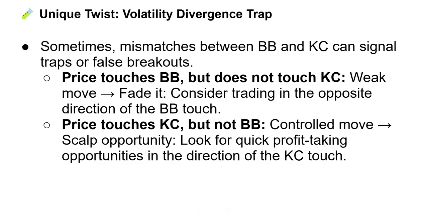It is nothing like the price moving from the upper Bollinger Band to the lower Bollinger Band. Probably you might have learned about this strategy. It is like that, and mismatches between Bollinger Band and Keltner channel can signal traps or false breakouts.